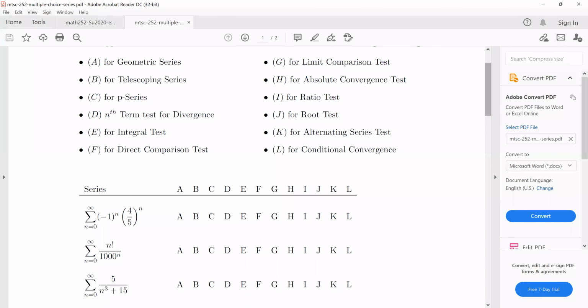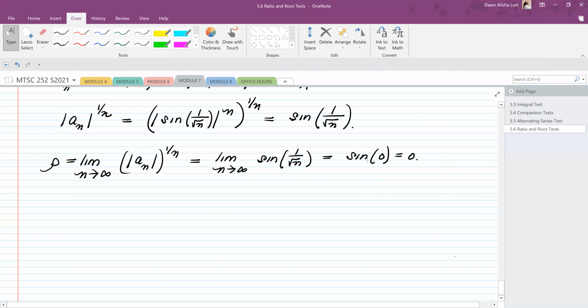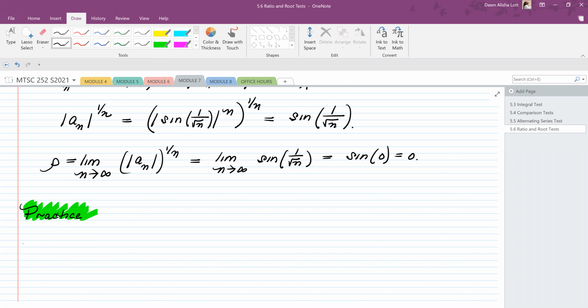Summation n factorial over 10 to the n. Okay. Is it 1,000 to the n?